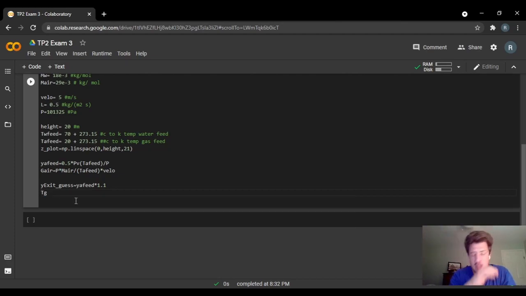So we're going to say the temperature of the gas exiting the column is, I guess, and that is equal to the temperature of the feed of the gas plus 5, because we can make an educated guess that the temperature leaving the cooling tower will be higher than it is entering the cooling tower. So yes, we have that.